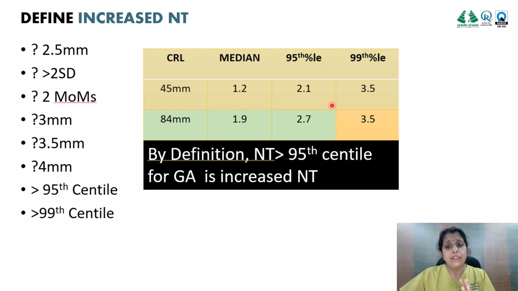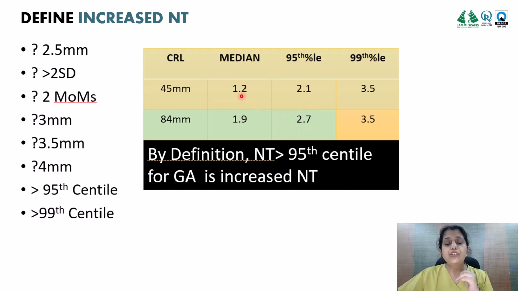So if you see the cutoff for earlier CRL, say around 11 to 12 weeks, the 95th centile forms somewhere around 2.1. So anything above 2 or 2.5, closer to it, we are a little concerned. And when you go beyond 13 weeks or closer to 13 plus 6, then the NT cutoff goes up to 2.7 to closer to 3 millimeter.